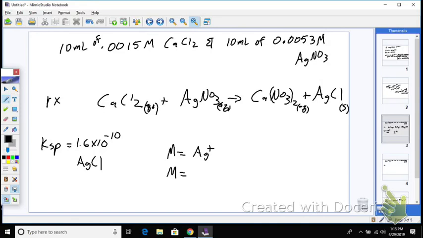Chlorine ions, right? I'm going to let you guys work on that and we'll see what you come up with. I need you to tell me the molarity of our Ag ions given the original solutions. Go ahead and do that. You guys should be able to do that.